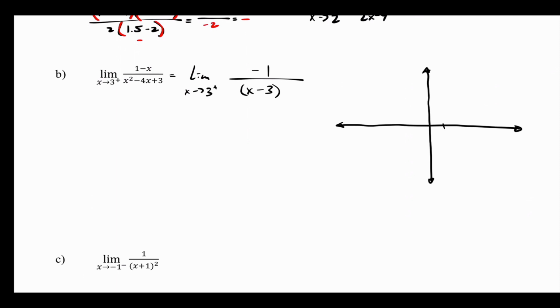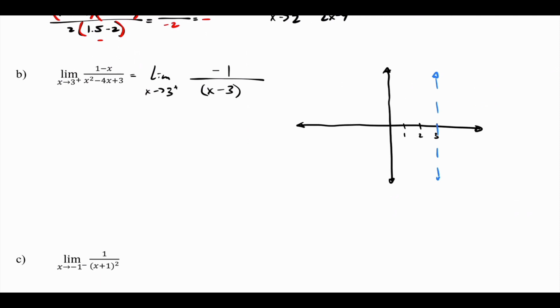Sometimes I can, sometimes I can't, but it always helps to have a picture. They want to know from the right side, are we going up or are we going down?